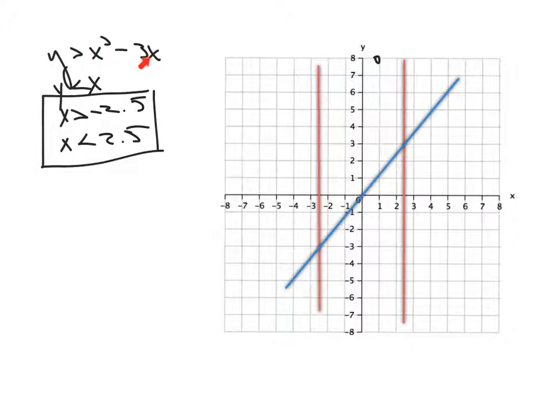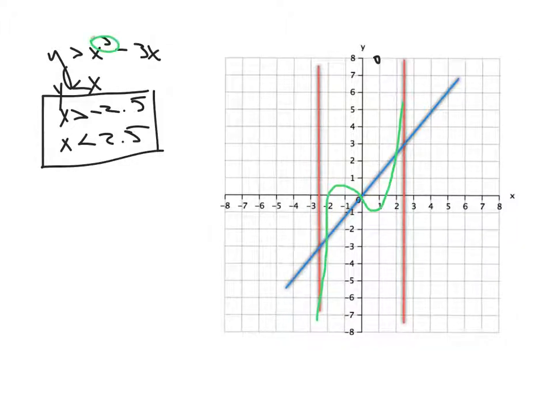Okay, what else does it tell us? x cubed minus 3x. Okay, so we put that in our calculator to graph it, or we could graph it on our own by putting in points, and we end up with some graph that looks, let's do this in green, something like that.